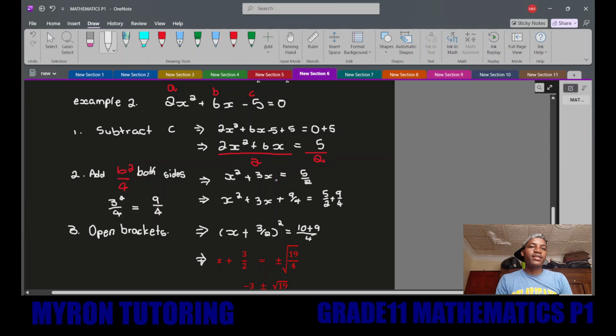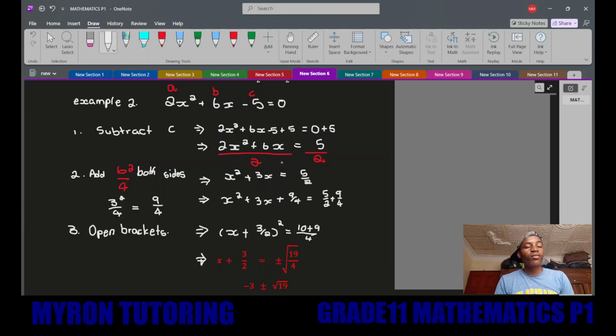The same thing can be done with this one. But what you need to be careful of on this side is that whenever we complete a square, we need to have x squared alone. So the moment you take 5 to the other side, you divide by 2.